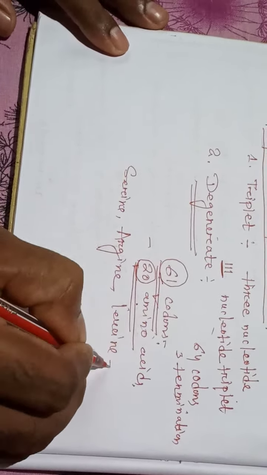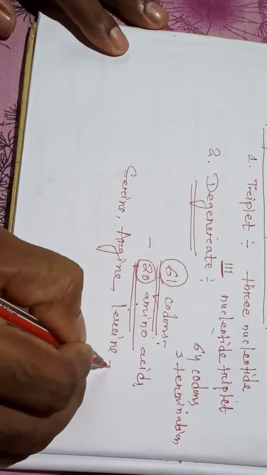Phi X 174 is a coliphage, a virus. Here I explain what is overlapping and what is non-overlapping. Suppose it is CCG and GUC. With CCG, if the next codon starts from CGG, and then the next codon is GGU, in this manner it is an overlapping codon.